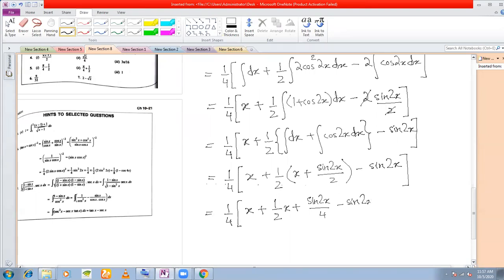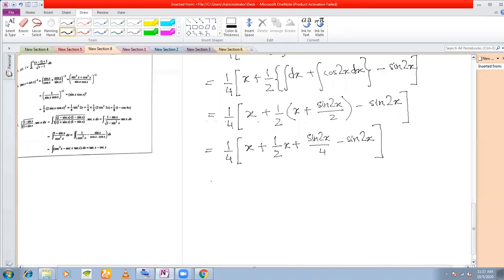So this becomes x plus half x is 3 by 2 x, and sine 2x minus 4 sine 2x will give you minus 3/4 sine 2x. So this is your complete integral.